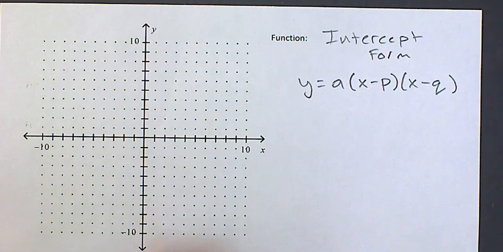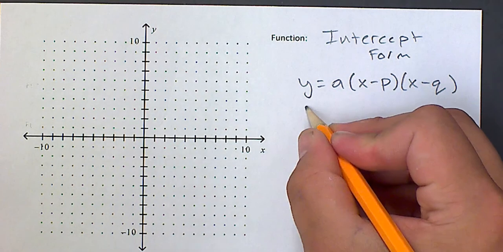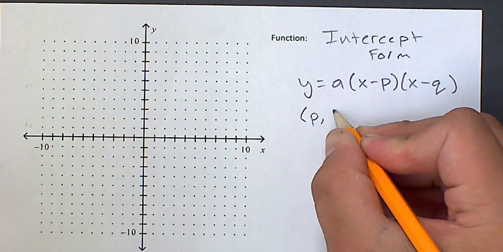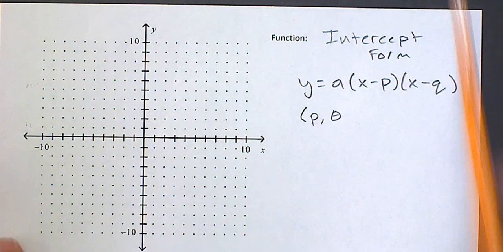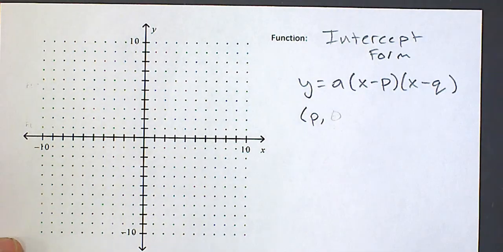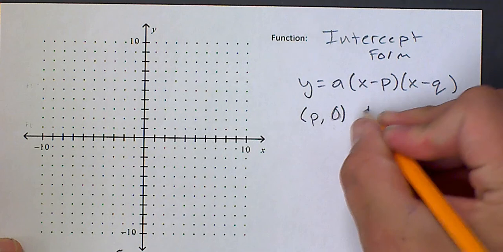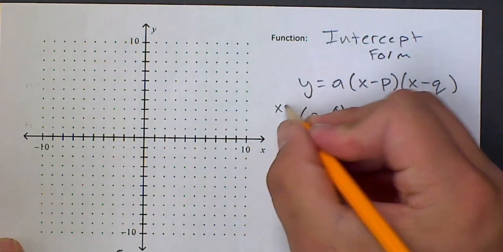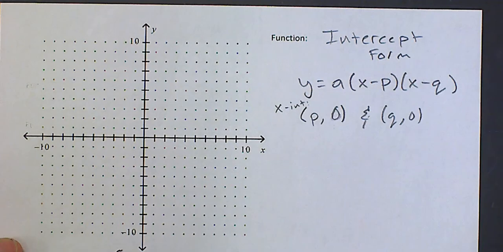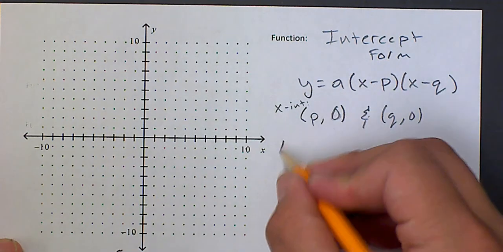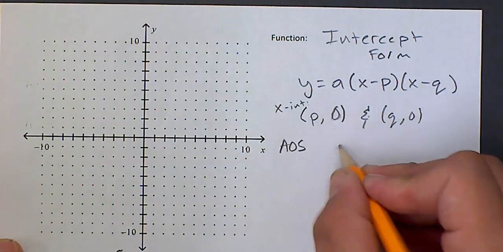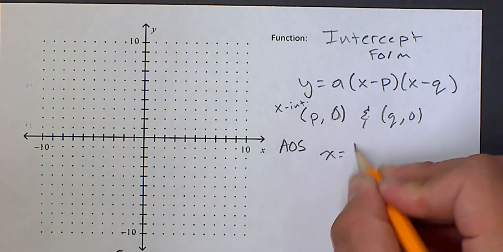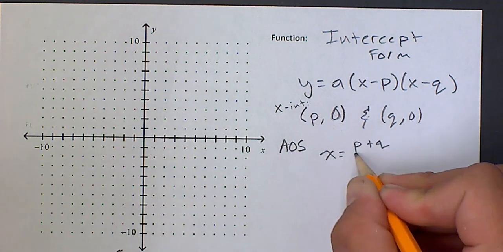Key formulas for this: intercepts are at (p, 0) and (q, 0), and these are the x-intercepts. Axis of symmetry, AOS, x is equal to p plus q divided by 2.